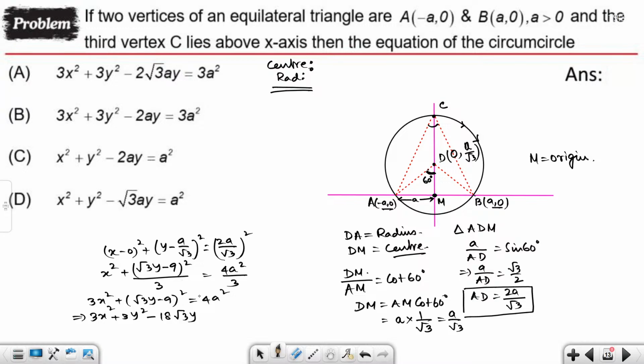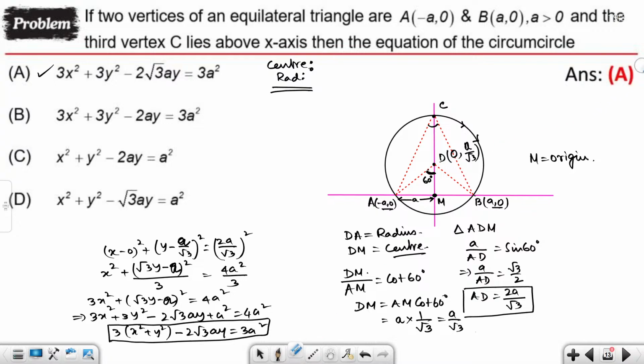Oh my God, it is not 9. It's basically A. I have written this thing as 9. It's A actually. So we will write this thing as 3y square minus 2 root 3ay plus a square is 4a square. So that gives us 3 times x square plus y square minus 2 root 3ay is 3a square. Is it clear? Hence option A is correct.